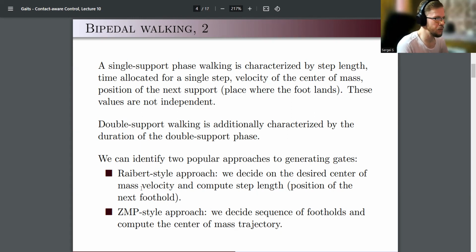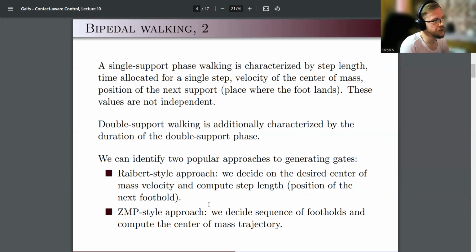This is the approach that tends to give human-like gaits, if you want. Okay, so like jumpy gaits, you can say. And the second one is the MP style approach. The MP style approach is what used to be popular in the 2000s. That approach you can associate with the robot Asimo, if you remember. It was a robot designed by Honda.